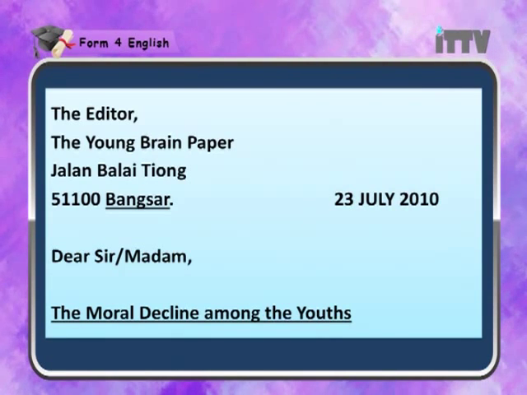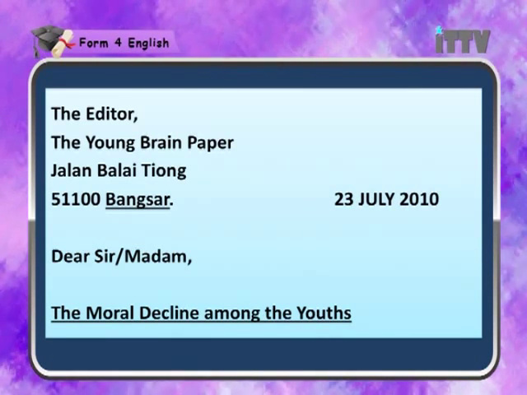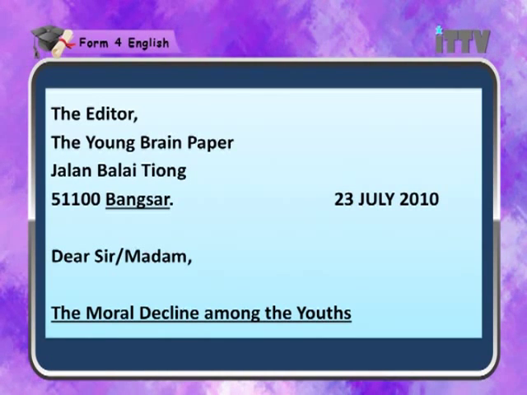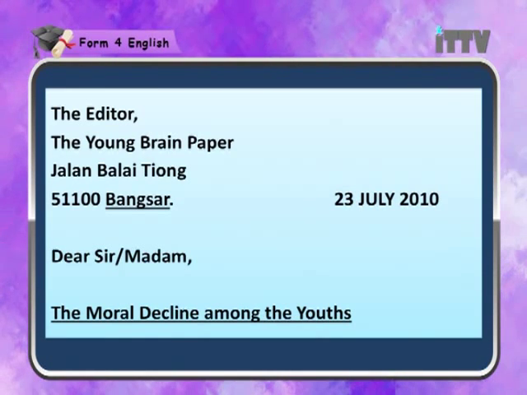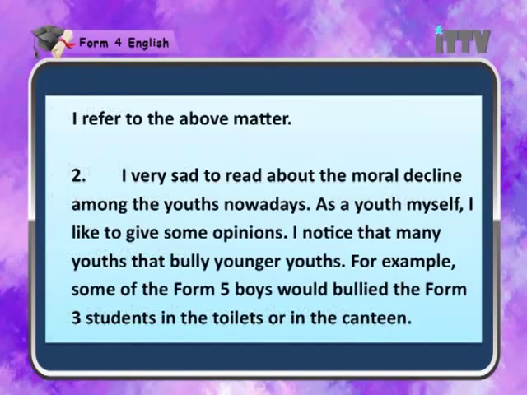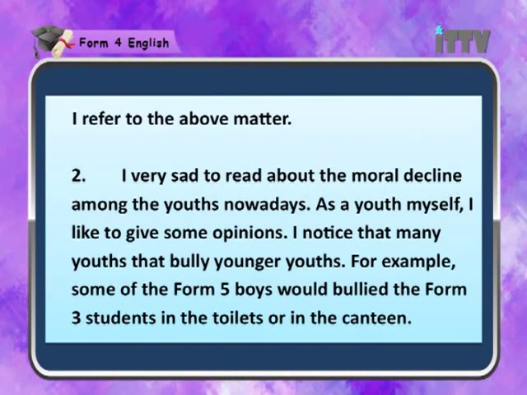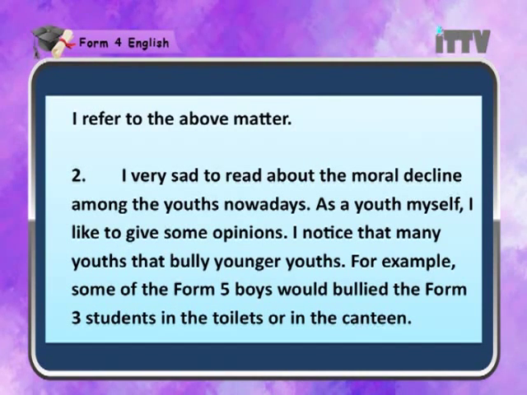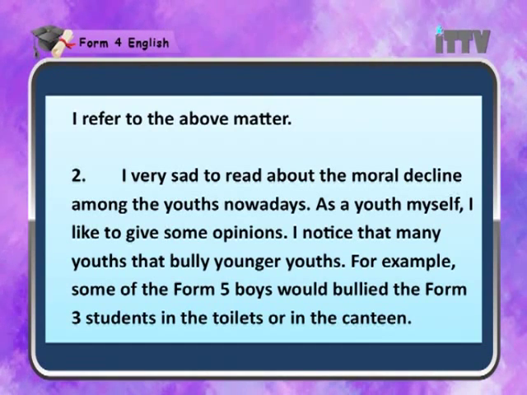On the same line, we have the date, 23rd July 2010. Not bad. The greeting, Dear Sir, Madam, and then the subject, the moral decline among the youths, underlined. I refer to the above matter. Straight away, we go into the second paragraph, 2 space.